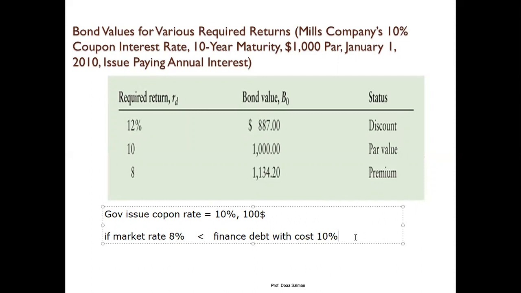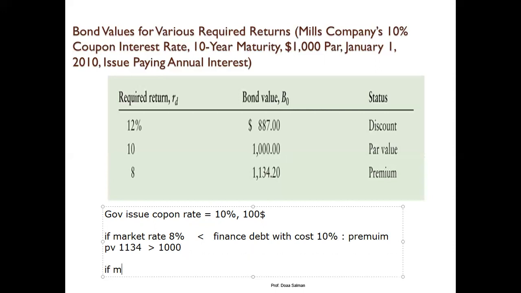So this situation, we name it premium. Why is it premium? Because when I'm discounting the value at 8%, it will be higher in value, which means that when I find the present value of the bond, it is 1,134, which will be greater in value than the 1,000 that I will pay. So this is why we name it premium.